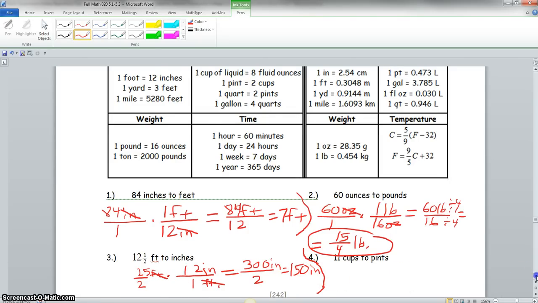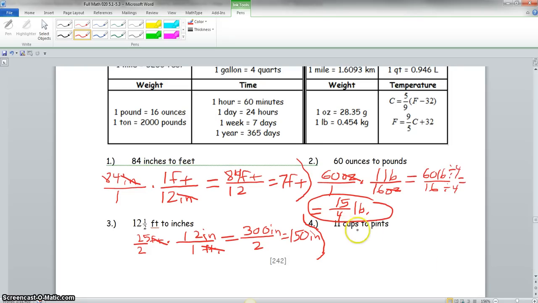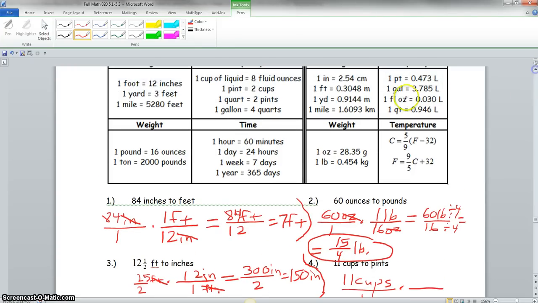Now we come here to number 4. We have 11 cups to pints. So now we start off with 11 cups. We could put that over 1, multiplied by, now let's see here. Do we have anything that talks about pints and cups? Yes. We have 1 pint is equal to 2 cups.